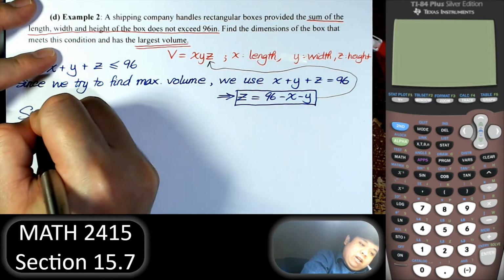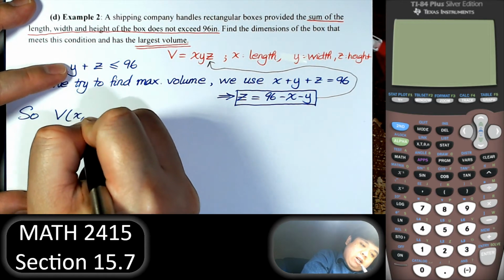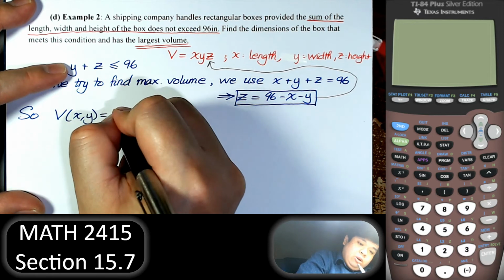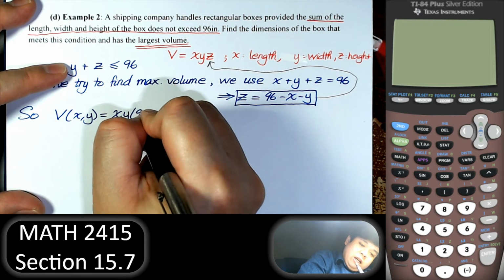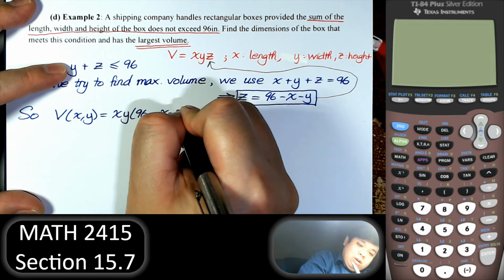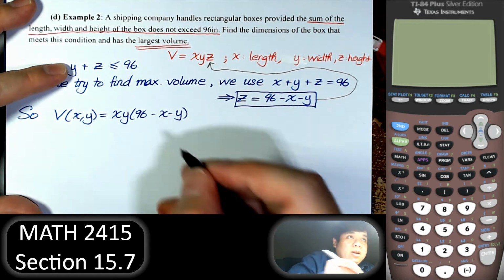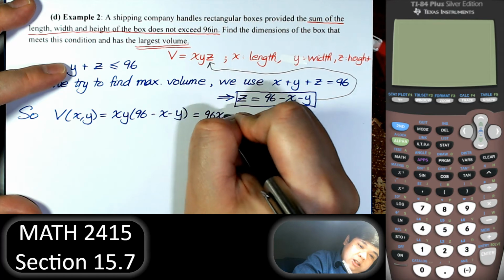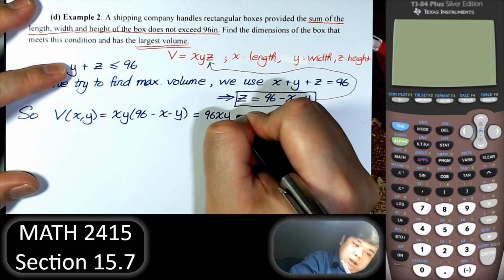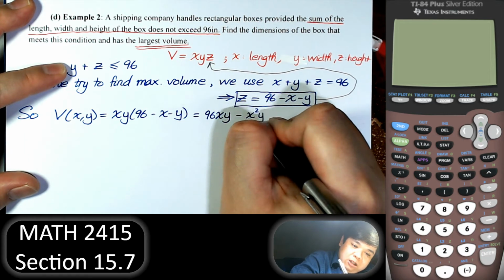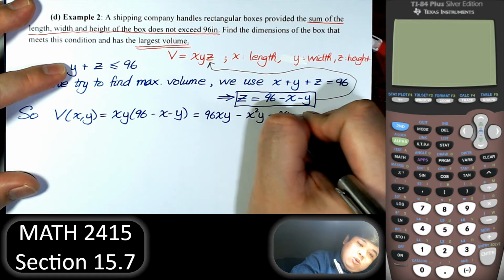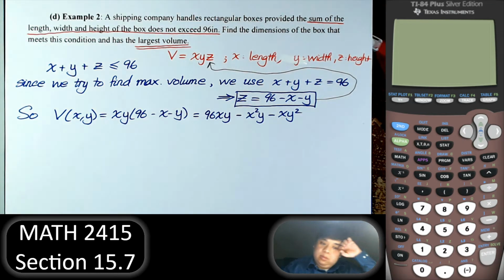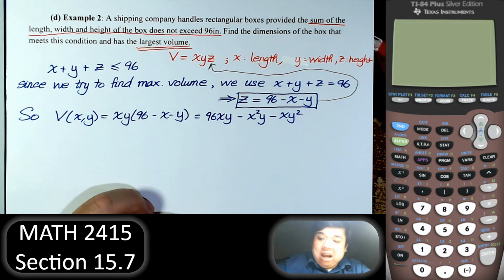So we have V as a function of x and y equal to x times y times (96 minus x minus y). So we have 96xy minus x squared y minus xy squared, and this is to be maximized.